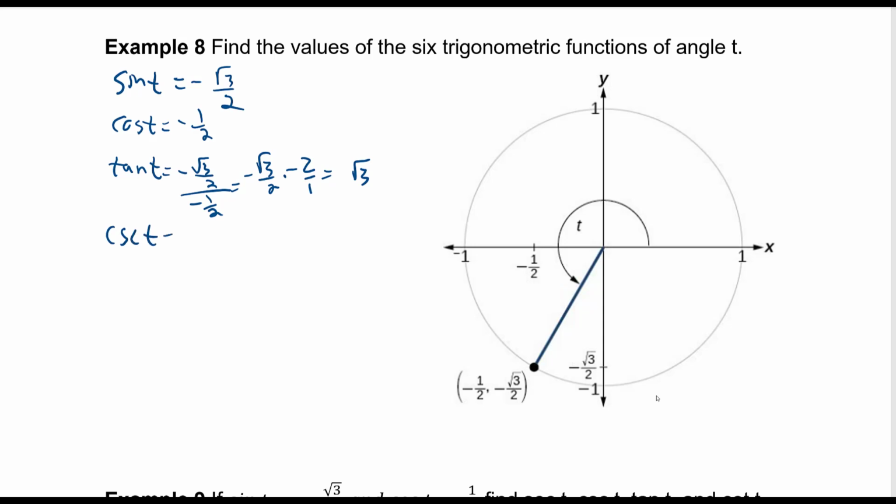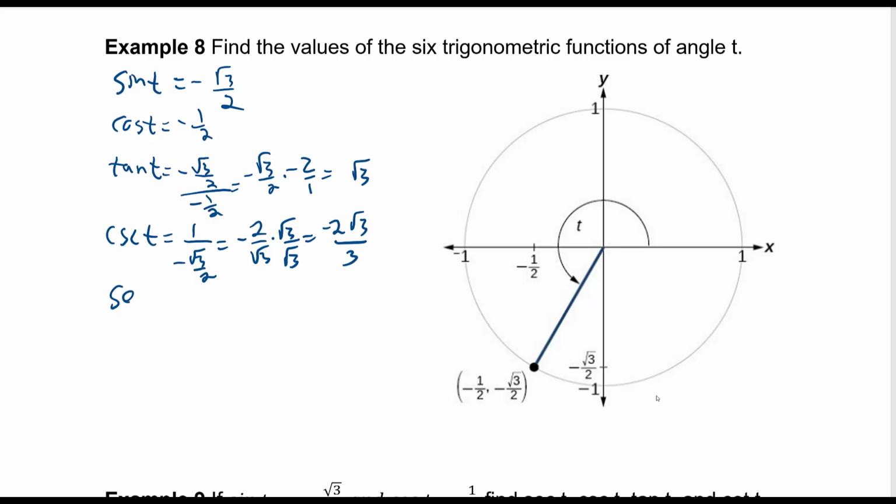Cosecant t is a reciprocal of sine, so it's 1 over negative square root of 3 over 2, which is negative 2 over the square root of 3. If we rationalize that denominator, we get negative 2 root 3 over 3. We've seen that before, haven't we?